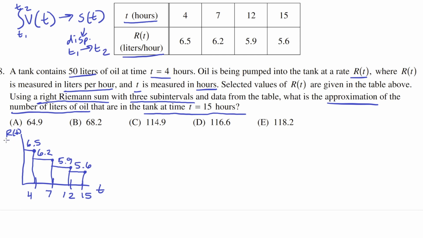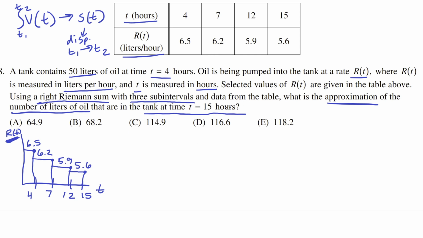In this case, we have this rate, which is in liters per hour, and taking the integral from time t equals 4 to t equals 15 is finding the area under this curve. And the area under this curve will be the total amount of liters added from the first time to the second.